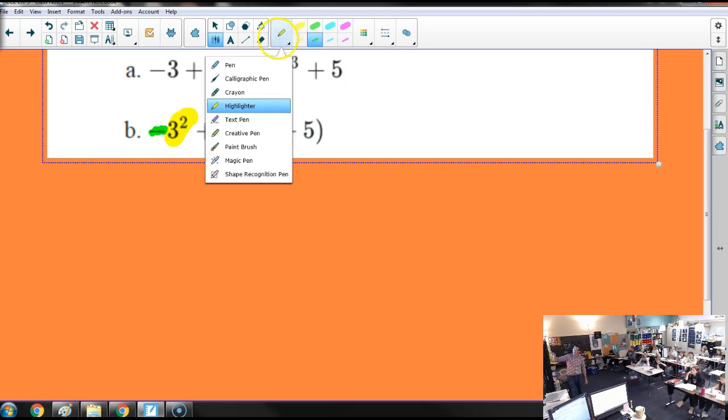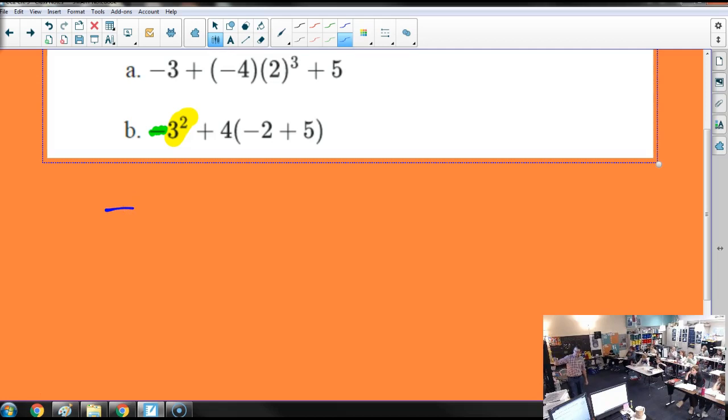So this becomes the opposite of 3 squared, which is 9, plus 4. I can go ahead and do inside the parentheses if I want. -2 plus 5 is 3. So this does come out to be -9, but that's not because it was -3 squared.